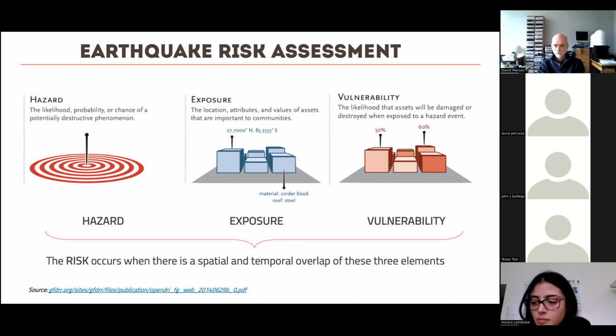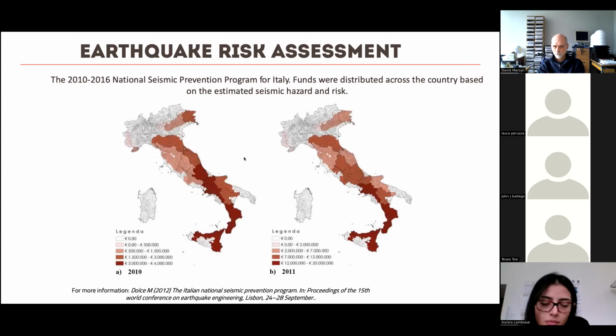So before we actually get into the complications and the complexities of these three components, I just wanted to give you some of my favorite examples when it comes to using this data for disaster risk reduction. An example that I like very much to mention is what happened in Italy many years ago. This was a presentation by Professor Mauro Dolce at the World Conference in 2012 in Italy.